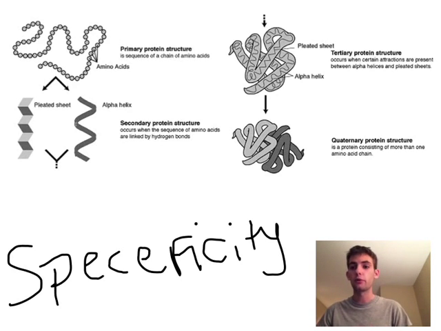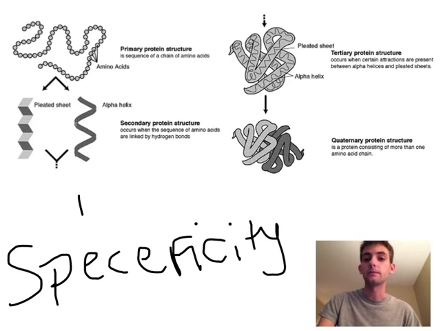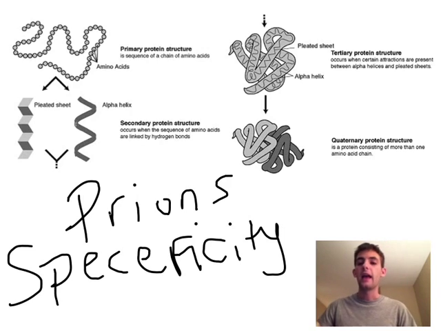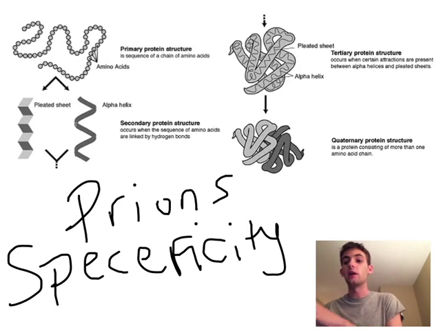And prions are proteins that have not folded correctly. Those prions are thought to be responsible for things like mad cow disease and Alzheimer's. And so there's a lot of research currently going into targeting those prions and either fixing them or eliminating them without causing harm to the organism that they're studying.